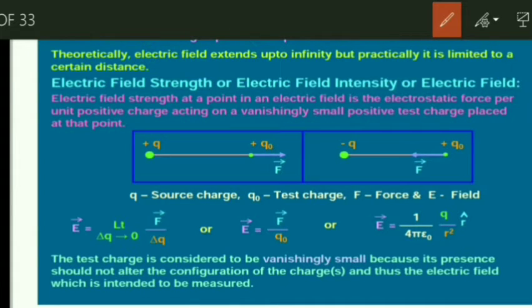Friends, in vector form we can write electric field like this by placing a unit vector, which simply shows the direction of electric field.